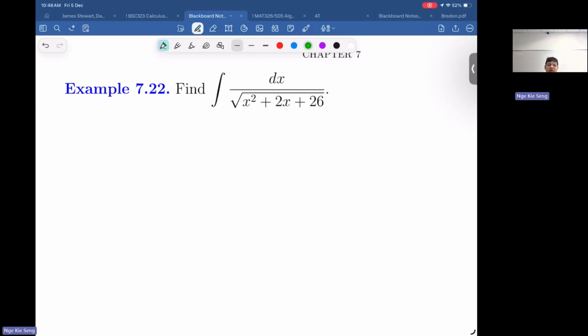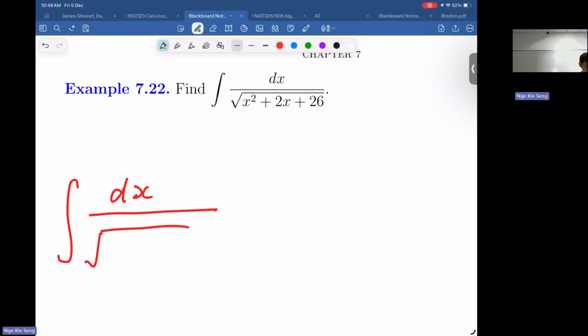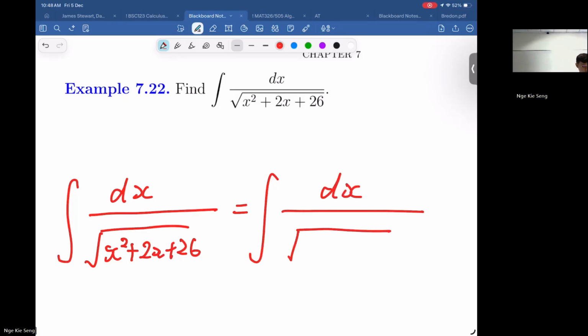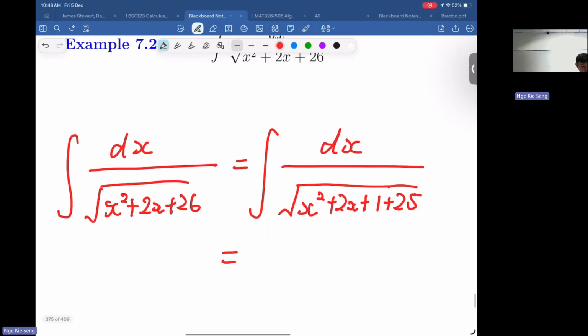X plus 1, right? So you do factorization actually. If you look at it long enough, you realize that there is a quadratic function inside here that you can factorize, because x squared plus 2x plus 1 is actually x plus 1 squared.